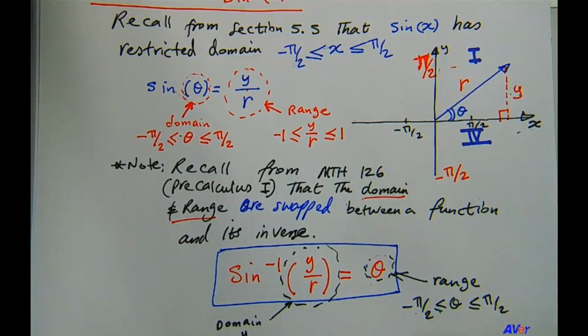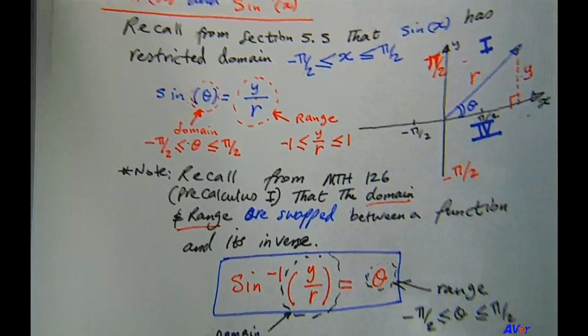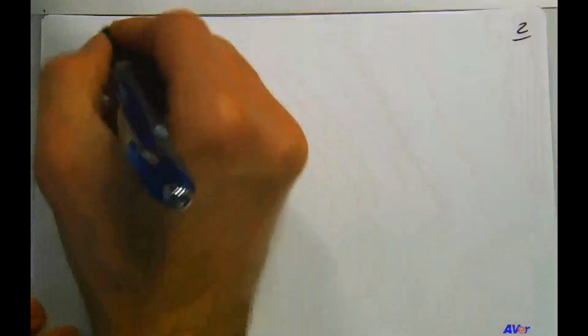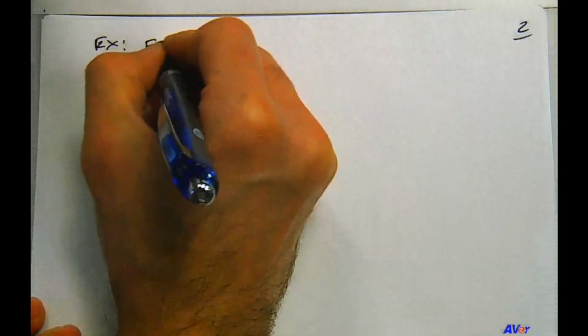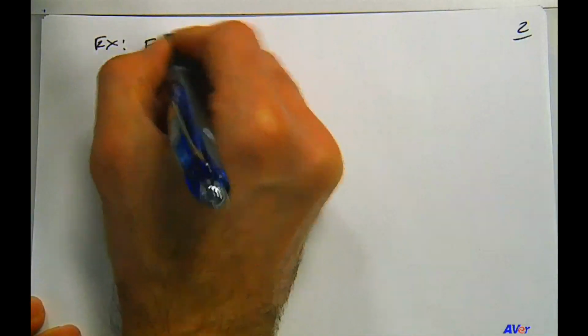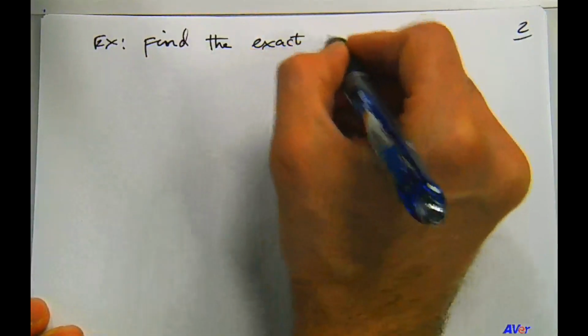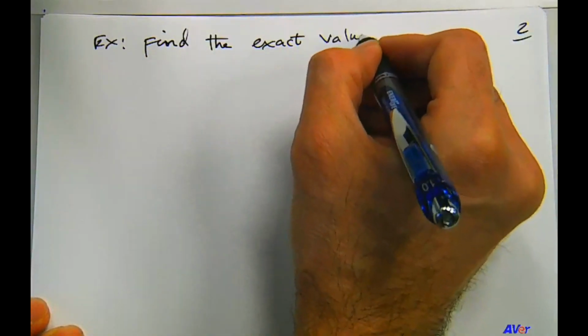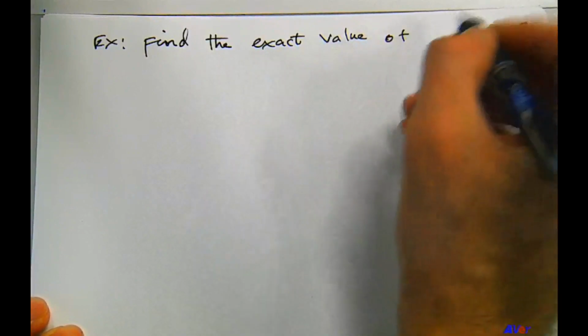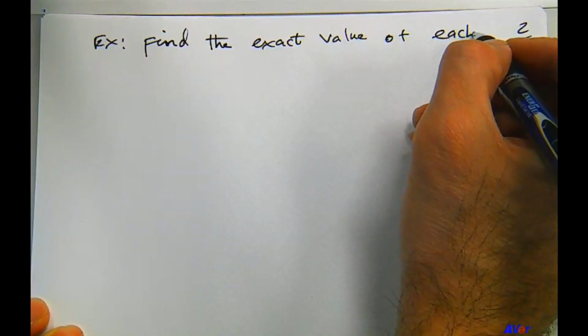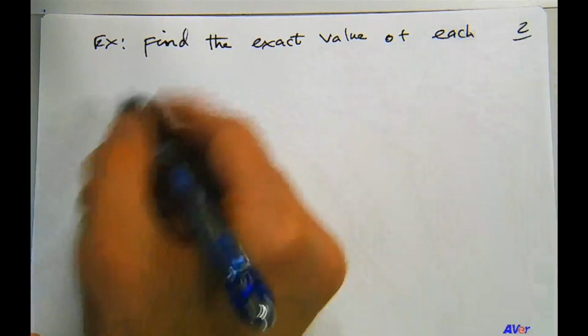Okay, so let's look at a few examples of applying this. Suppose we want to find the exact value of each expression.